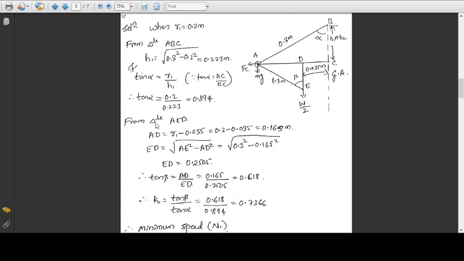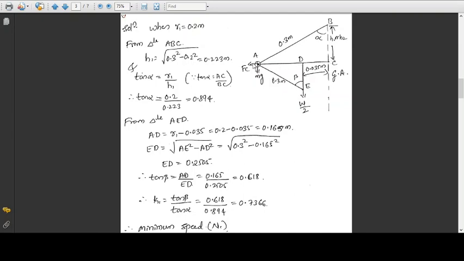Now from the triangle AED, you can write the equation for AD equal to R1 minus 0.035. Here R1 is the minimum radius of rotation, and it is offset by an amount of 0.035 meter.